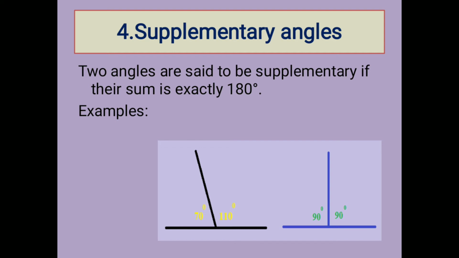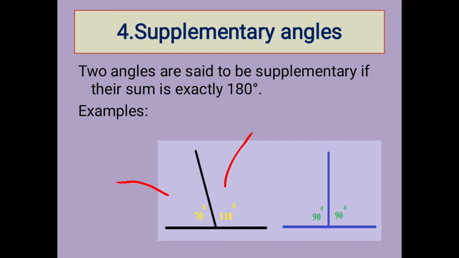In the first figure you can see the first angle is 70 degrees, the next angle is 110 degrees, and if we add these two angles, that will be exactly 180 degrees. So two adjacent angles or two nearby angles whose sum is 180 degrees are said to be supplementary angles.